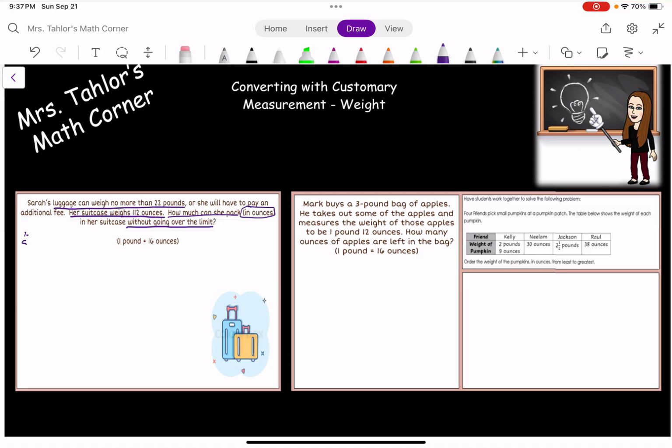First, we notice that Sarah's suitcase is 112 ounces. I need to figure out how much 112 ounces is in pounds.